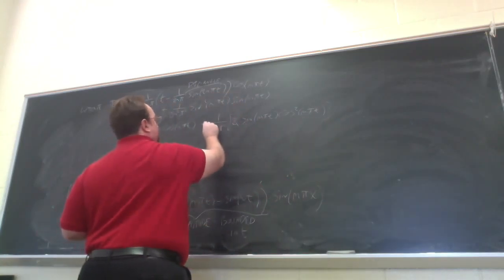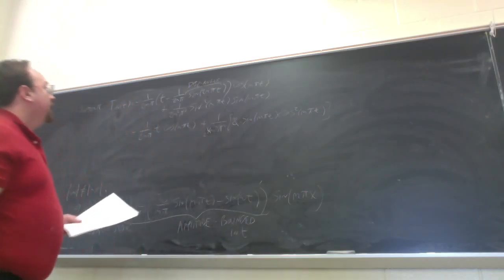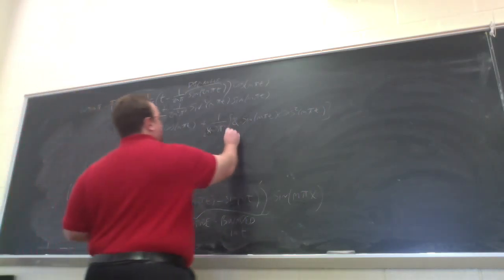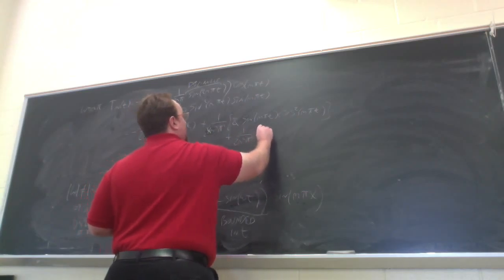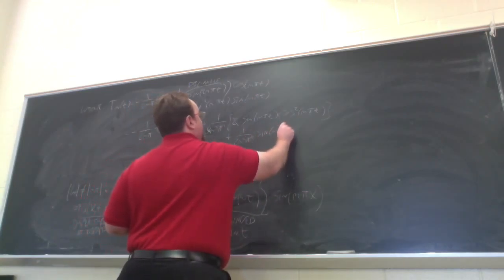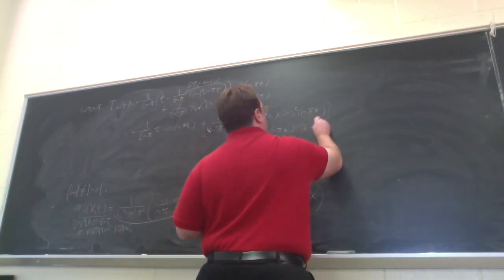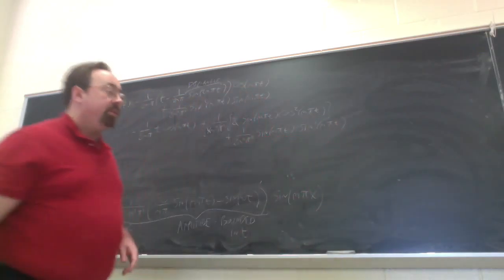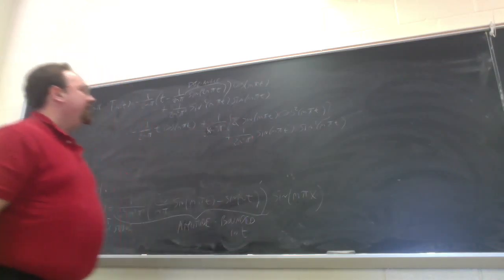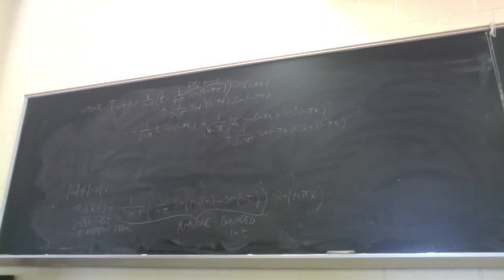This 2 cancels, leaving a 2 down below. And then I have plus 1 over 2 m squared pi squared sine m pi t sine squared m pi t. So these two terms combine, because you have cosine squared plus sine squared equal 1.